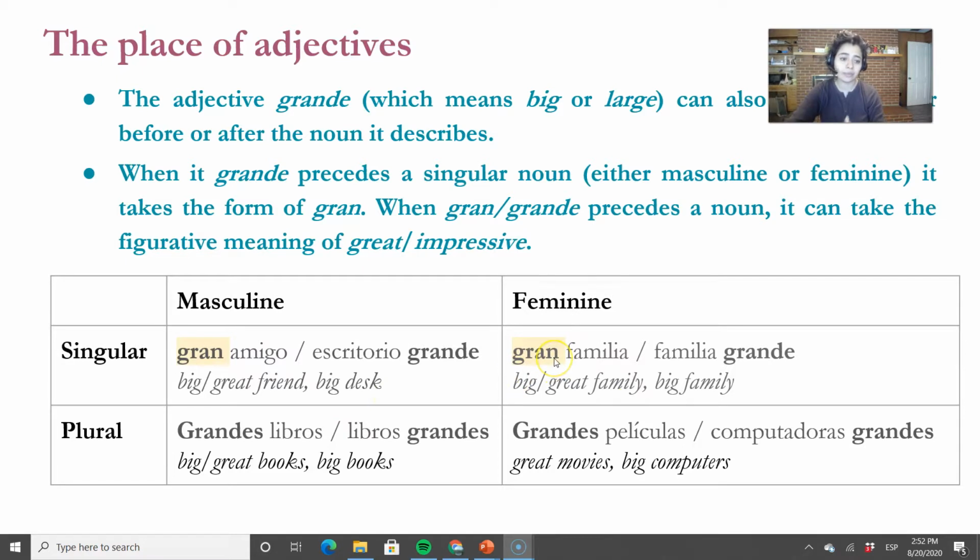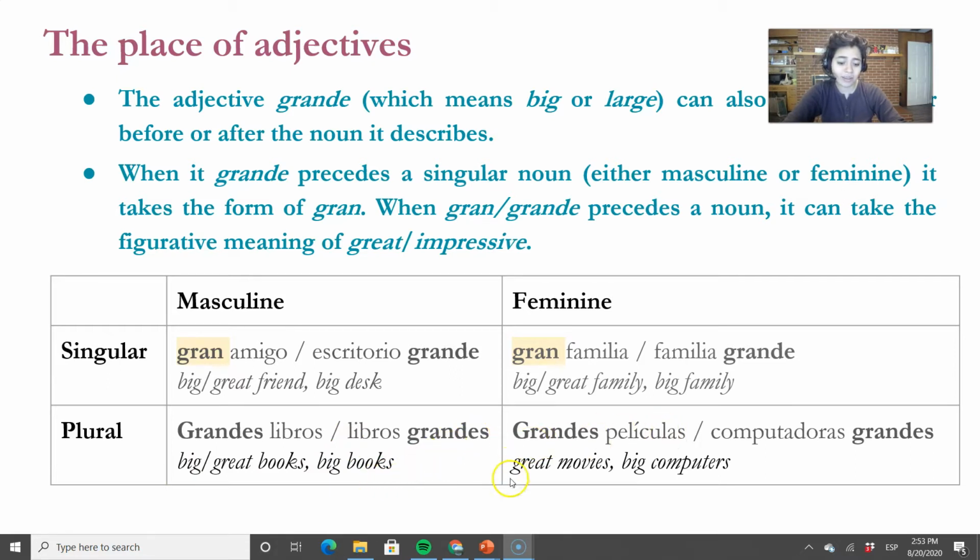Gran familia can mean big, in the sense of a big family, but it can also mean a great family, gran familia. But familia grande can only mean big family. In the plural form, grandes libros can mean big or great books, but libros grandes can only mean big books.